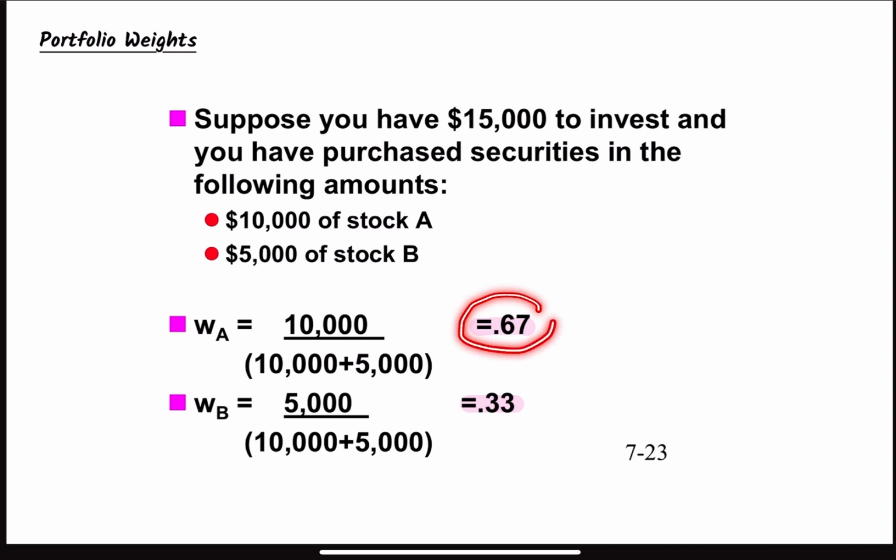So it's 0.67, so that makes up 67% of the portfolio. For stock B, we have $5,000 in it out of the total of $15,000. So that is 33%. So stock B makes up 33% of the portfolio, and that's how we calculate the weights for the portfolio for each stock. So stock A is 67% of the portfolio. Stock B is 33% of the portfolio.